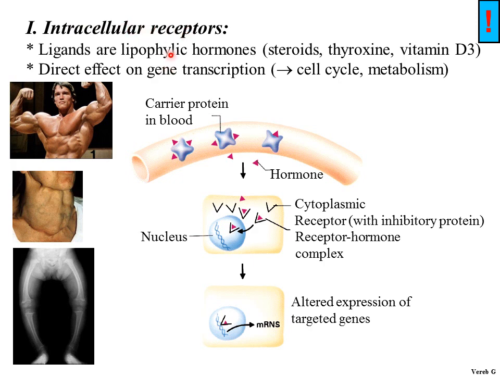Of course, you can also say lipophilic, which is roughly the same. These ligands mostly fall in categories like steroid hormones, thyroxine, or vitamin D3, and each of these categories probably rings a bell.